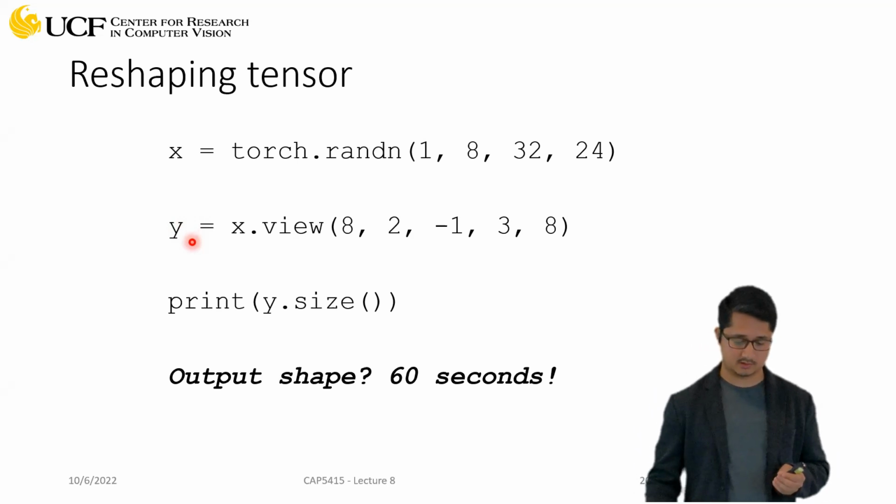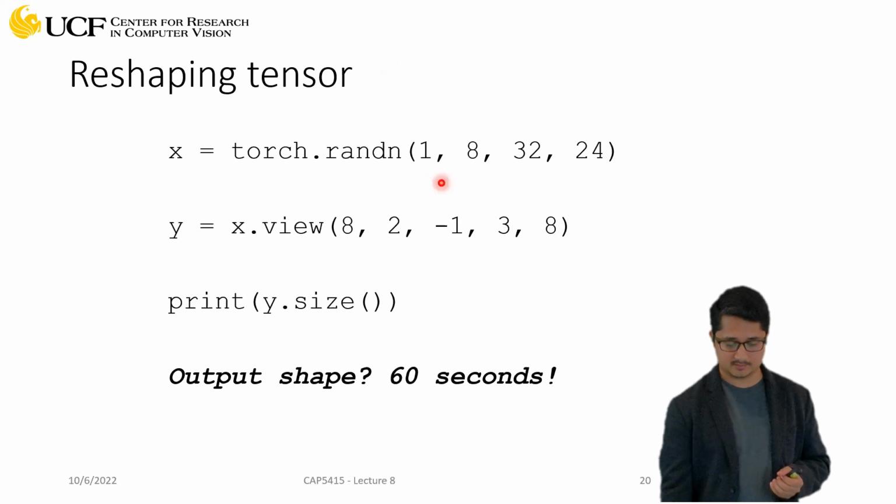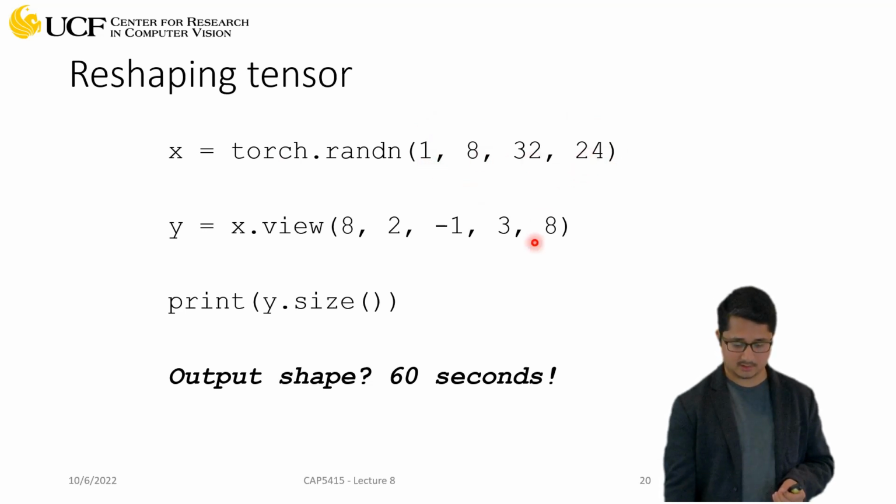So the simple thing you can do is compute the number of elements in this matrix, which will be simply 8 times 32 times 24. And then compute the number of elements in this matrix, which will be 8 times 2 times this unknown, and then 3 times 8. Then you can just equate them, and that will give you the missing number.